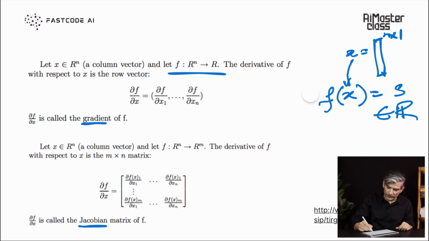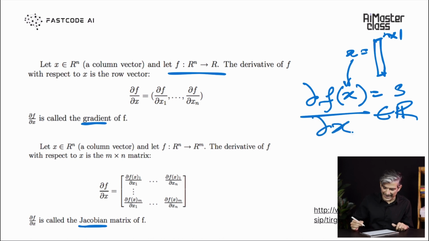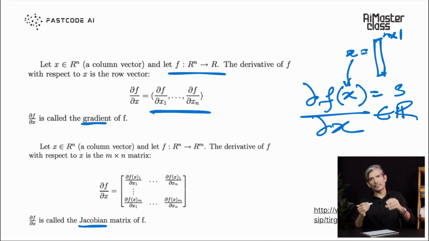Now if we were to differentiate f with respect to the input, the vector x, this is what the gradient looks like. All it is saying is that I will collect all my partial derivatives of f with the components of x in this row vector. Meaning, the output is of course a real number, but now we want to differentiate it with components of x.